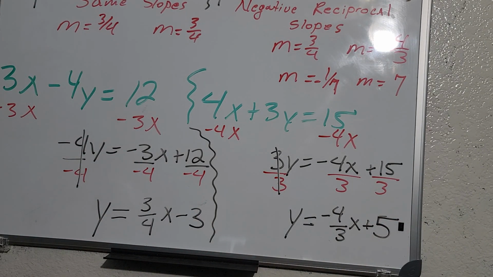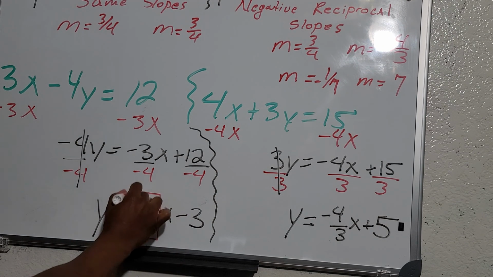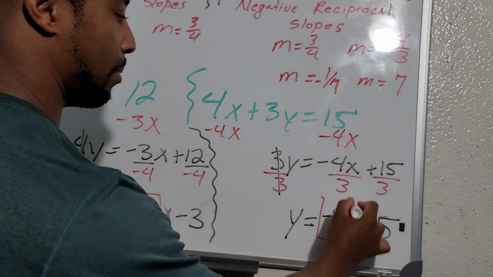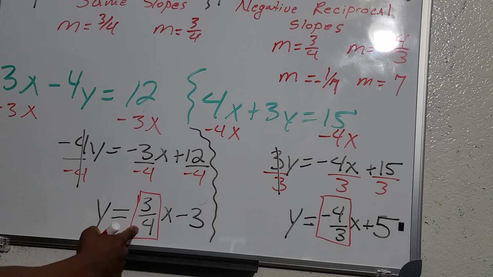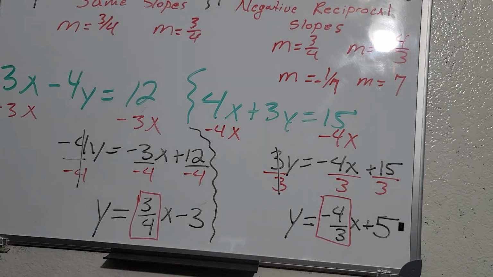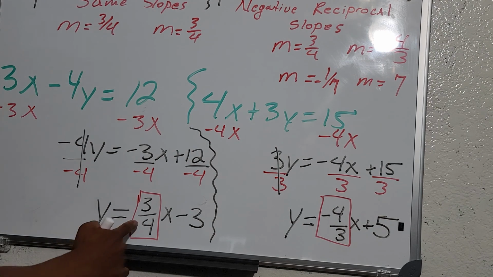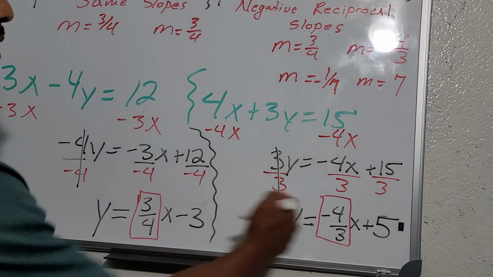Now remember, we did this because we wanted to see if the lines were parallel, perpendicular, or neither. So I'm going to look at simply the slope, only the slope. Here are my two slopes. I have one slope as 3 over 4, one slope as negative 4 over 3. So clearly they are reciprocals. The question is, are they negatives? Meaning, is one positive and one negative? Clearly this one is positive, clearly this one is negative.